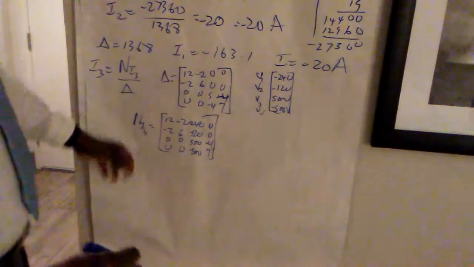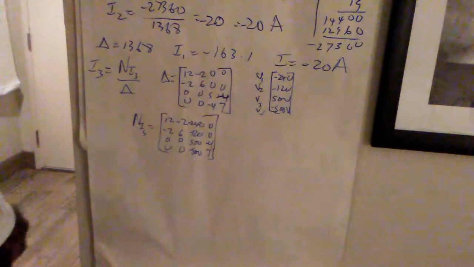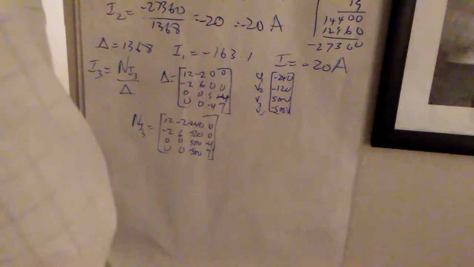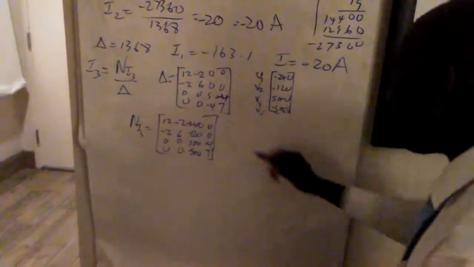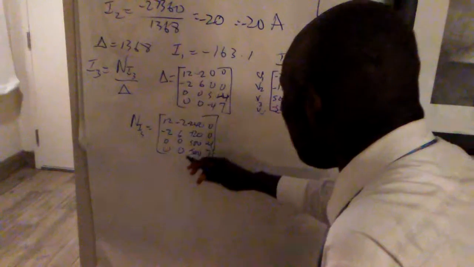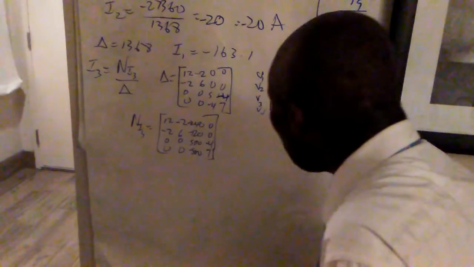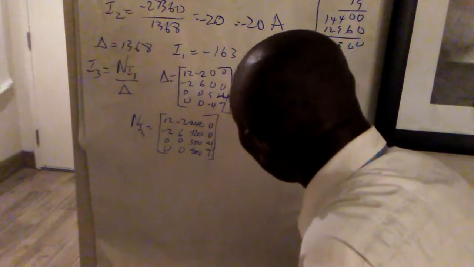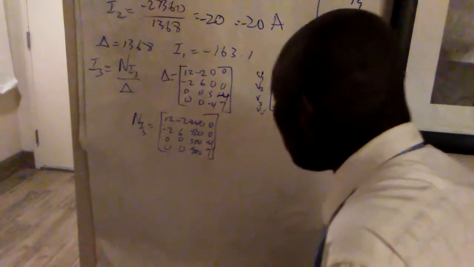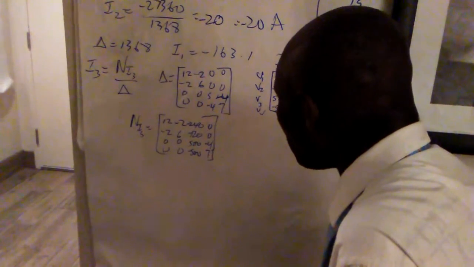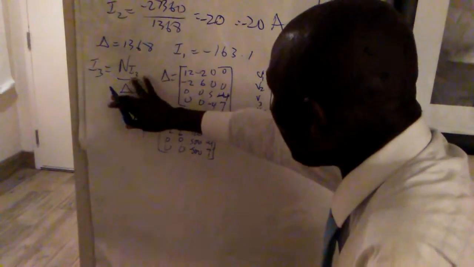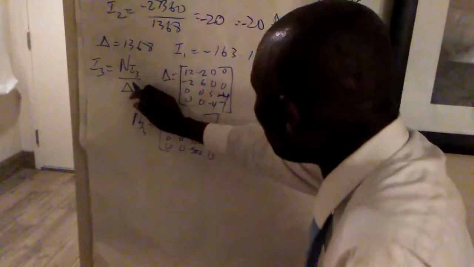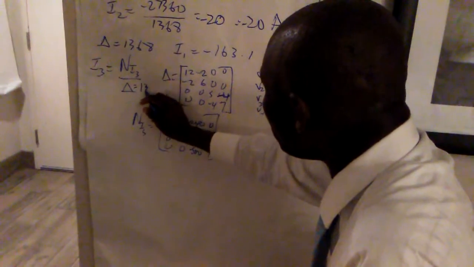So we find the determinant of this matrix, and we'll get the numerator value. We choose one of these columns, any one, to find the determinant. Then I3 will be equal to N I3 over delta, where delta is equal to 1368.